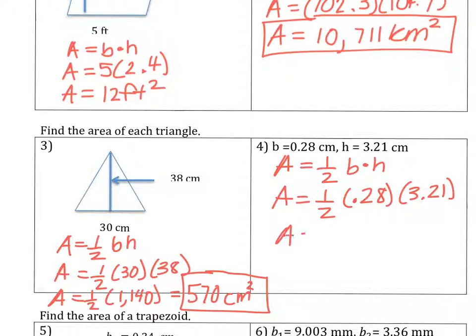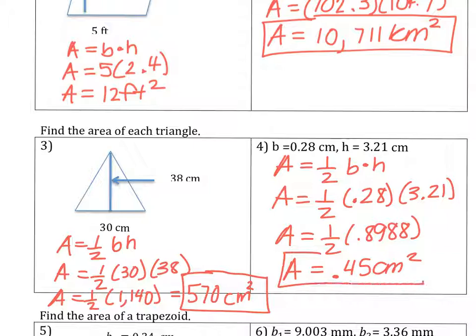I know that 0.28 times 3.21 is 0.8988. And when I divide that by 2, I get 0.45 centimeters squared.